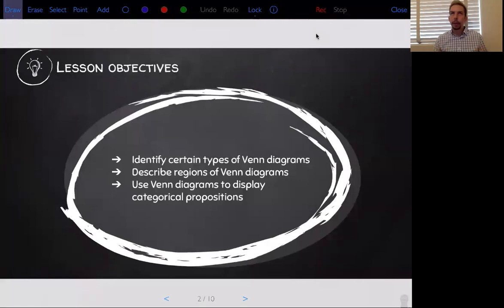So if I give you a picture of a Venn diagram and I label certain regions of it, it's going to be really important that you're able to say, okay, I have a description for this region, I have a description for this region, and so on. And then lastly, we're going to use Venn diagrams to display categorical propositions. That's going to be really important when we want to analyze arguments in the next section in 1D. So we want to make sure that if we're given a categorical proposition, we're able to draw a Venn diagram that expresses that as well.